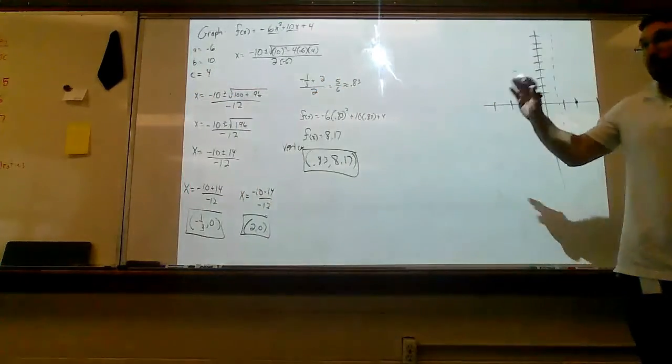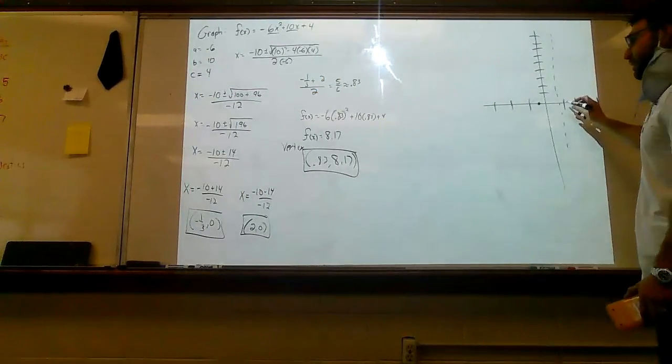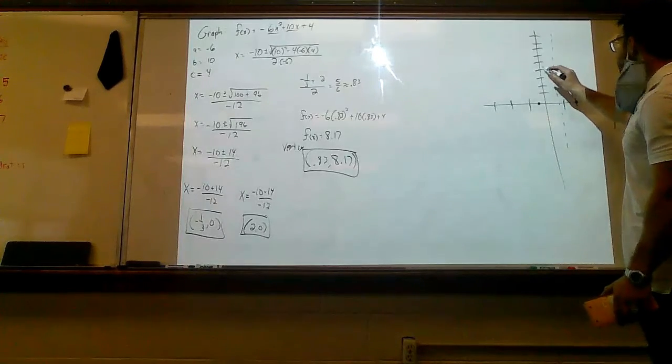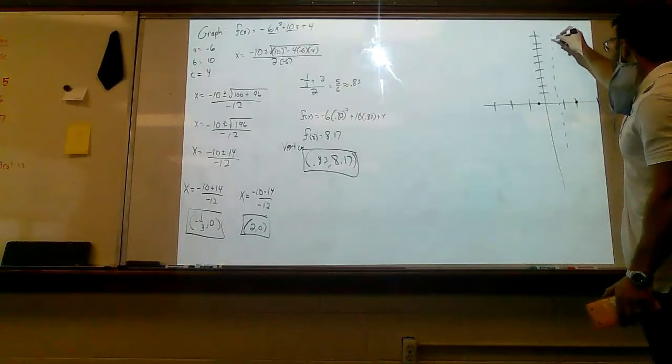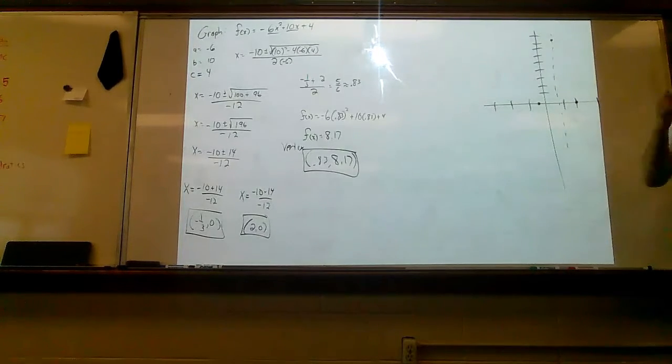Is anybody lost on what I've done? Okay. So now I'm over here at 0.83, up 1, 2, 3, 4, 5, 6, 7, 8, and a little bit. Now I've got my vertex. Now, we should already be able to tell that this graph is opening down.